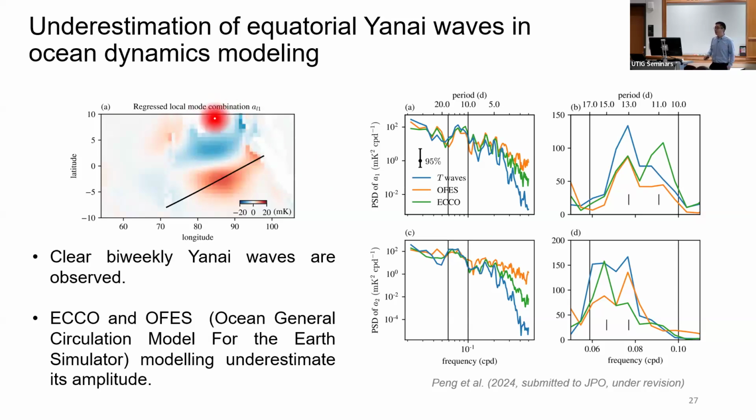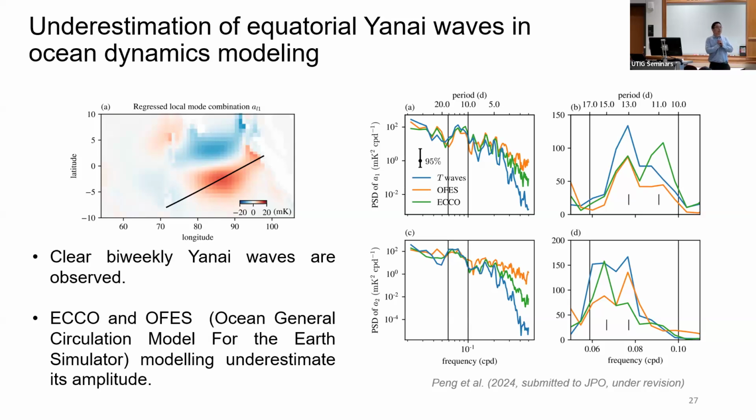And on the right figure here, it plots the power spectral density of our T wave results and the results from these two model results, Echo and Orpheus. Both of them have ocean dynamic simulations in their data.